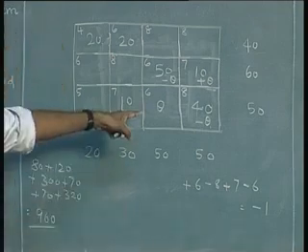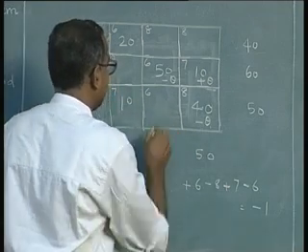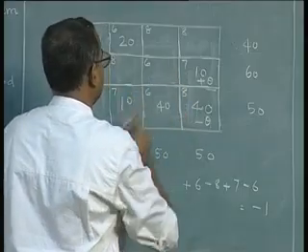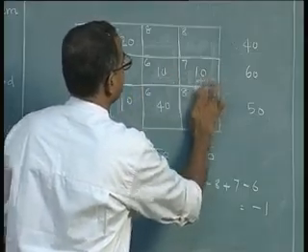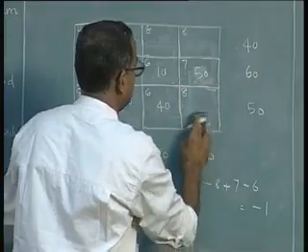So the maximum value that theta takes is 40, which would make this 40, this 10, this 50 and this 0.